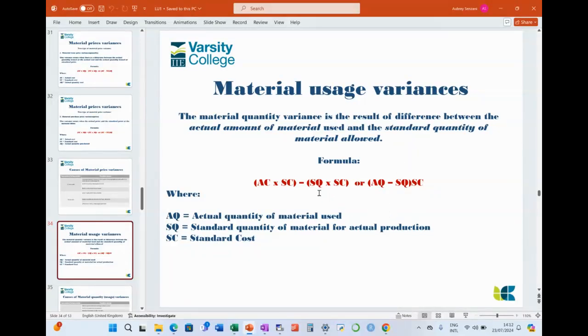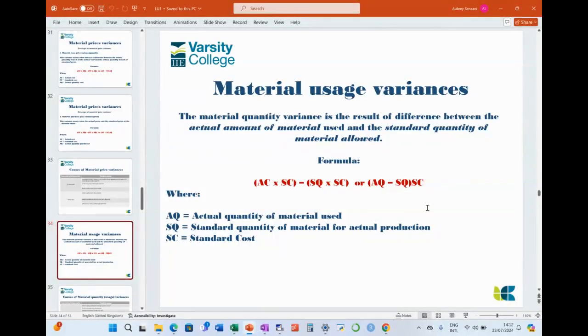So here you can see, what are we assessing? We're assessing what was the actual quantity that we used and what was the budgeted quantity that we anticipated we would use, and then we times that by the standard cost.